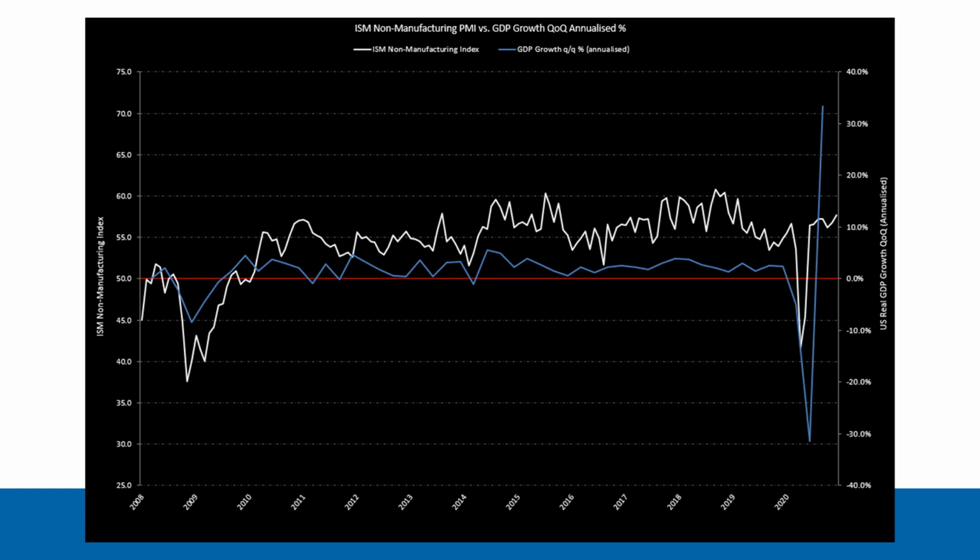Only on a few occasions did we get one blip or contraction when the ISM non-manufacturing index was positive for that entire decade. These were not recessions. These were slowdowns in the US economy, and there weren't 2 quarters of negative GDP growth, as the definition of a recession requires.